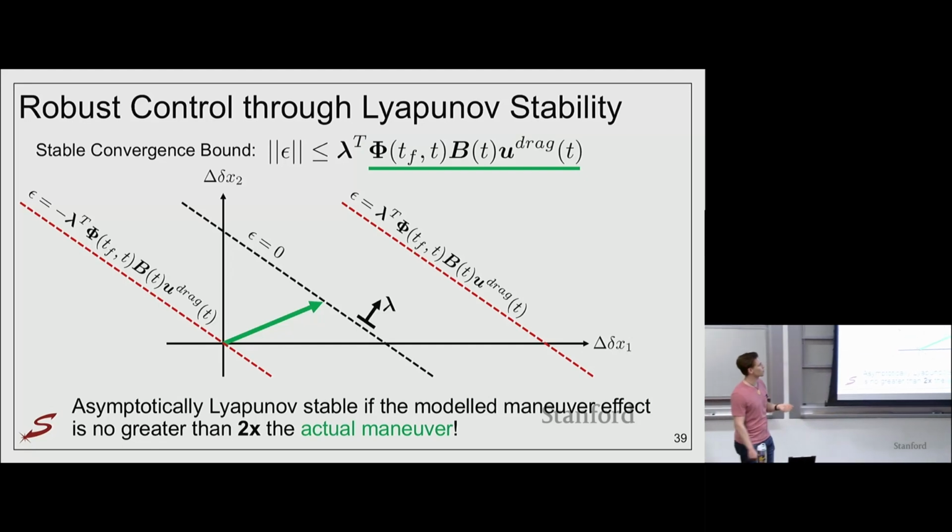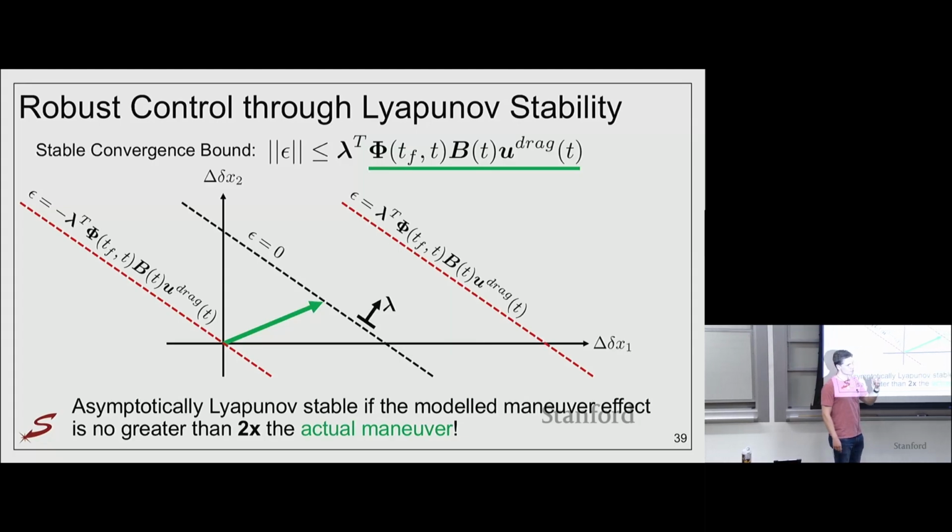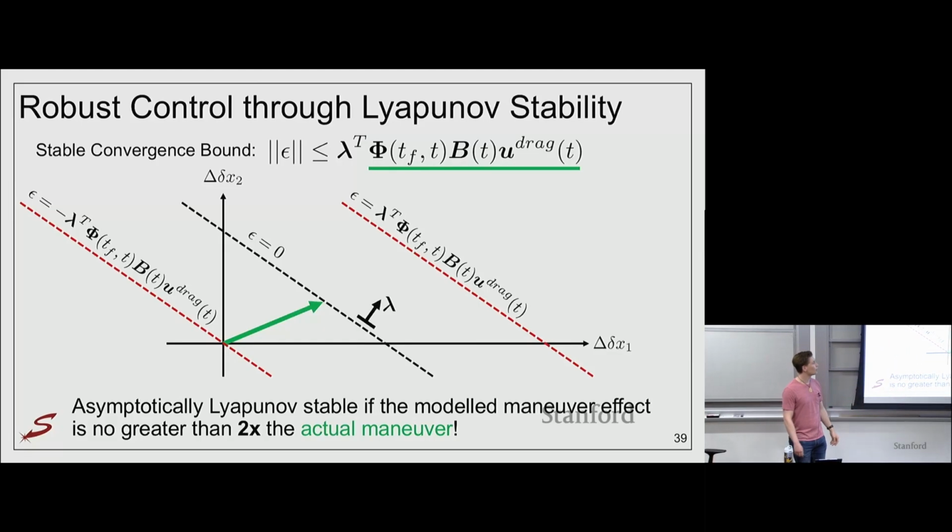And on Swarm X, the way we're going to deal with this is that we simply always guess low. So as long as you can basically guarantee that the maneuvers that you model are going to be less than the effect that they actually achieve, you have a convergent system, and therefore you deal with this atmospheric estimation issue.